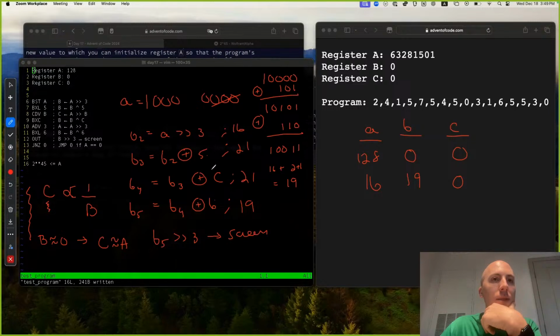If C was very close to 5, then we would just be swapping. B would basically become 5, and whatever value B was would just go away, but B would get close to 5.